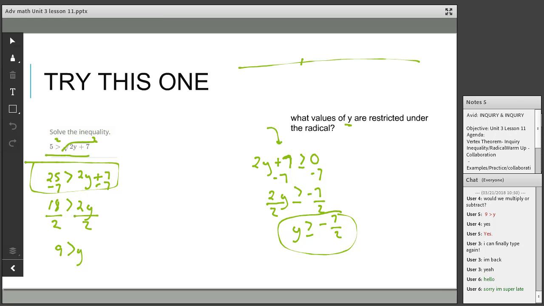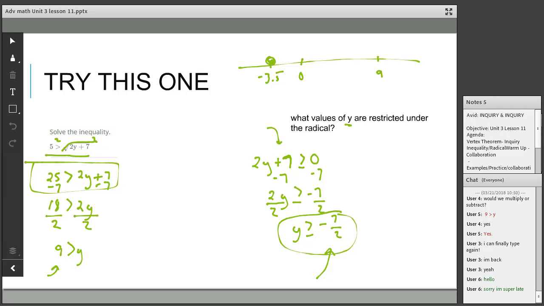All right, so let's draw our number line to help us visualize this. Here's our 0. You see -7/2, that's like -3.5, I think. And then we have our value of 9, all right? So here's our -7/2. That came from looking at our restricted values under the radical sign, and then here came this answer when we just solved it.